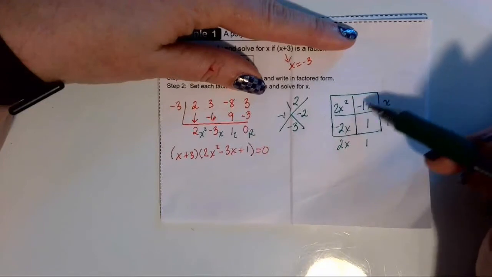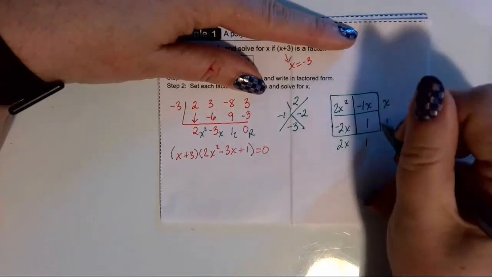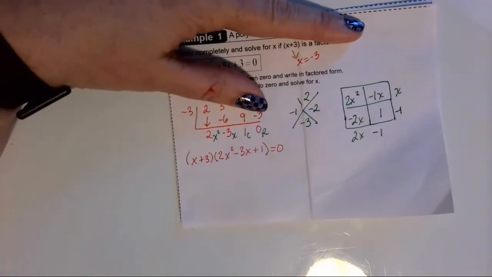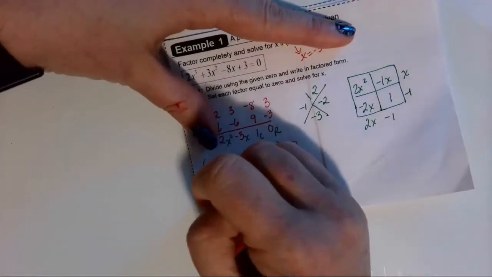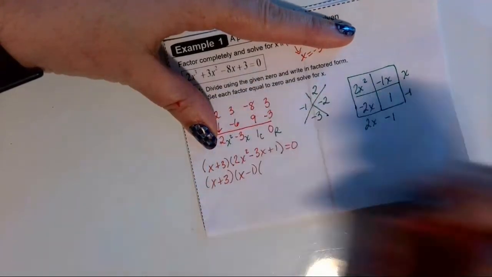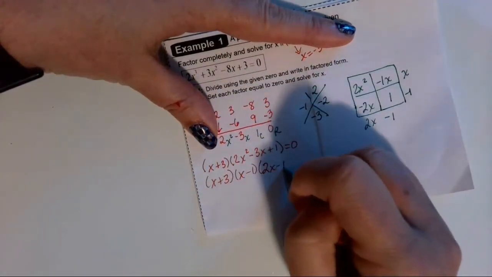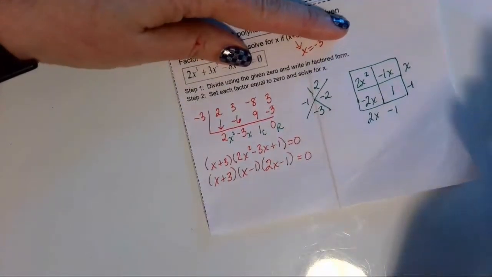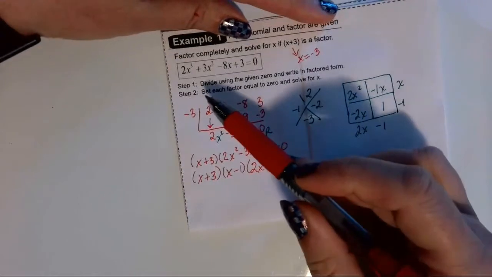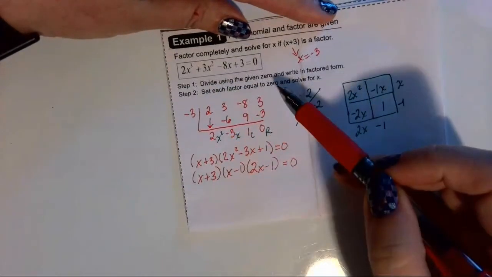Since my diagonal is negative, each of these signs is going to be negative, and those would be the factors of the quadratic trinomial. So x minus 1 and 2x minus 1. So now that it's completely factored, I can solve by setting each factor equal to 0 and solving for x.